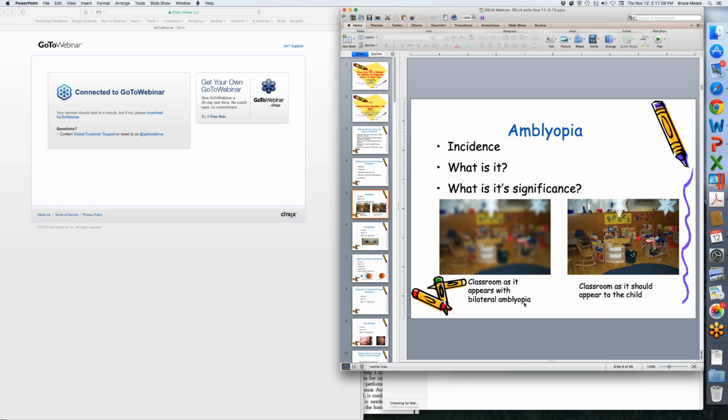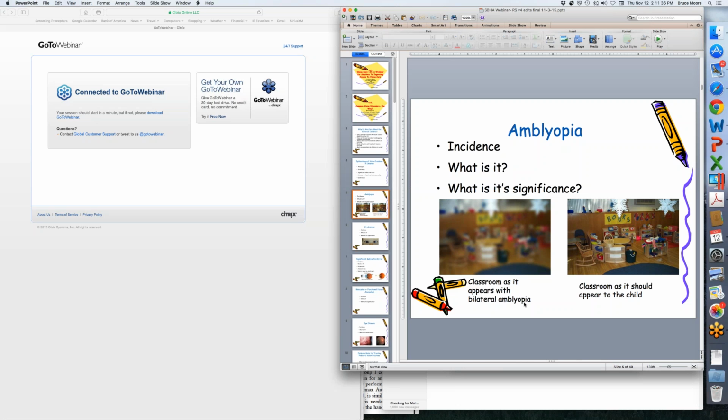What happens is that because there is poor quality of an image that is projected onto the retina, the back of the eye, that image then goes up to the visual processing areas in the brain. And if one eye has a deficit in terms of a non-focused image falling on the retina, the image that gets projected up to the brain also is not a clear image.